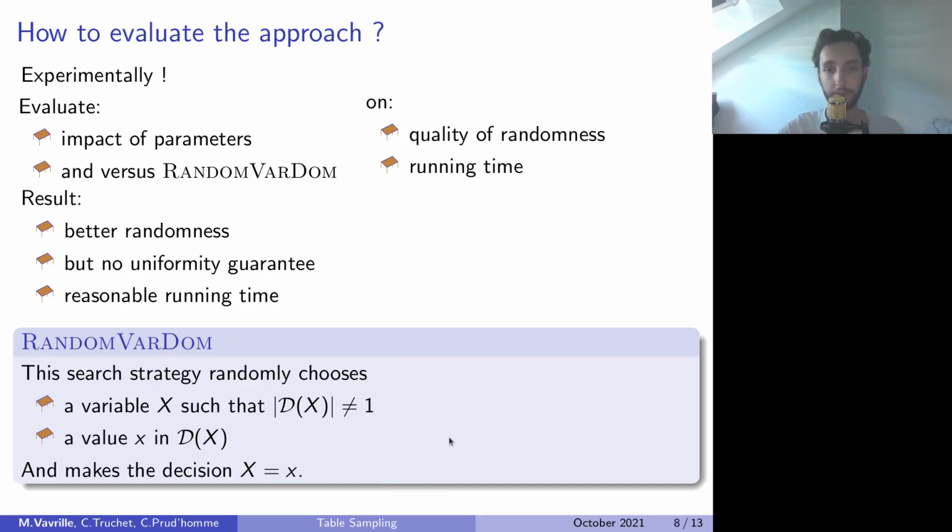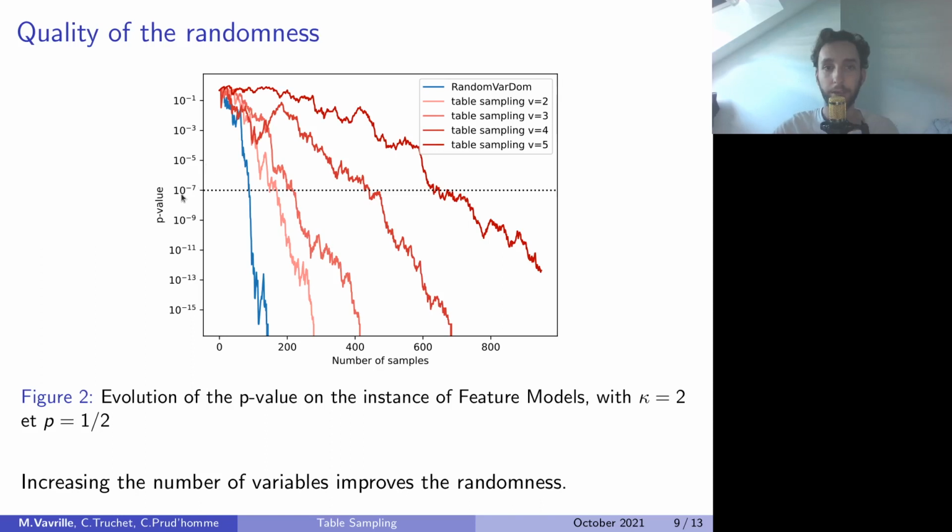on the next slide. So here I plotted the p-value depending on the number of samples I did. So the p-value is a quantitative value showing the distance to the uniform distribution. It's a measure of uniformity.